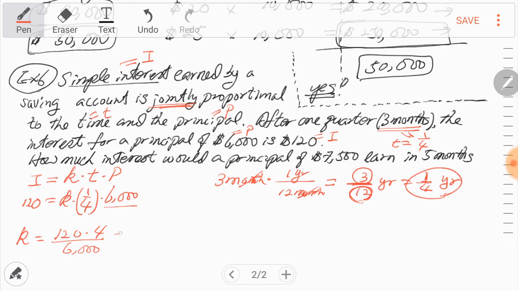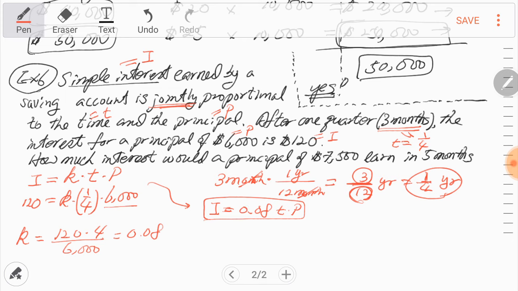So K equals, okay, 6,000, you can remove one zero, and this is 20. So that's gonna be 0.08. Okay, so we rewrite the equation. Then the equation is I equals 0.08 times TP. So this is the mathematical equation that represents this relation.